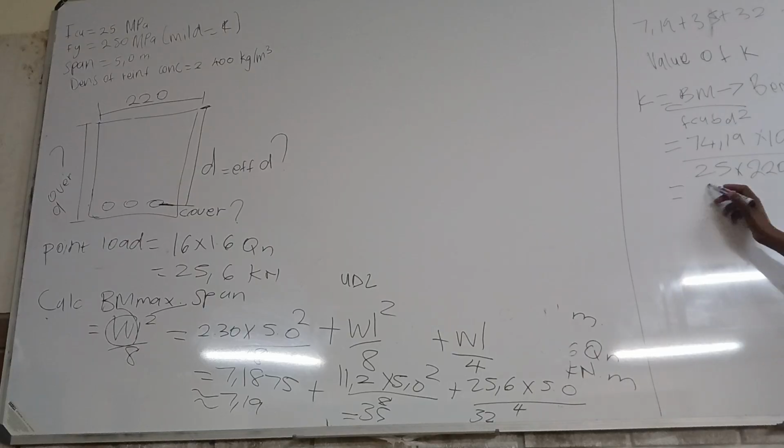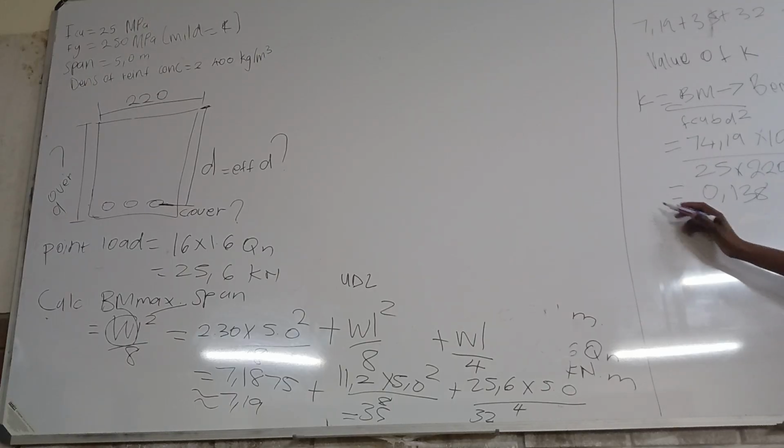I'm calculating here. 0.138. Okay, so the value of K is equal to 0.138.